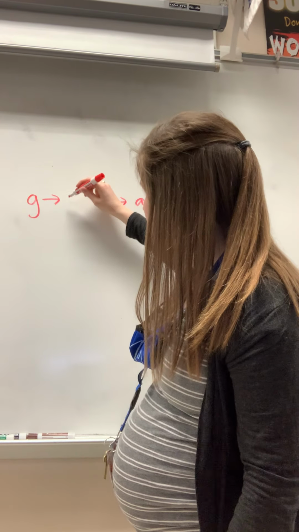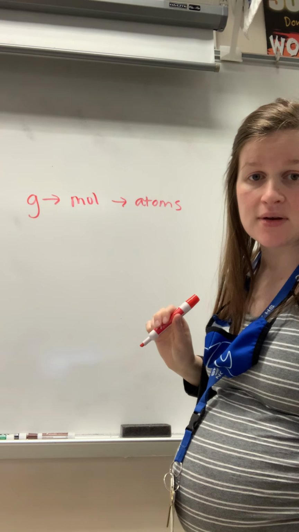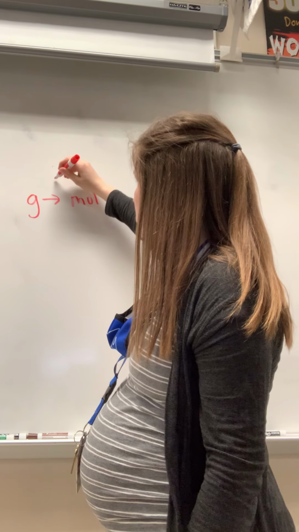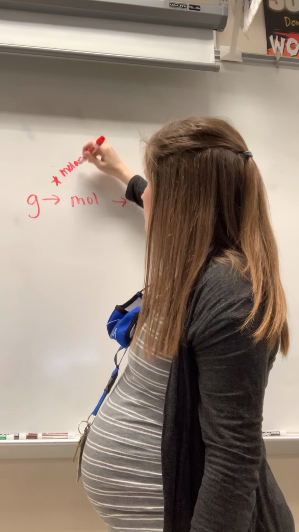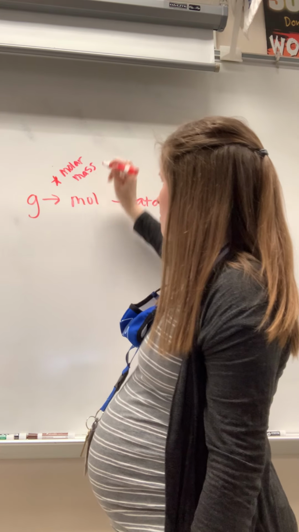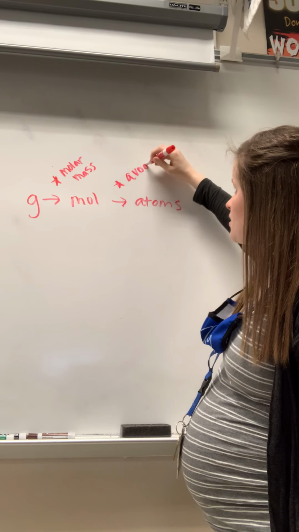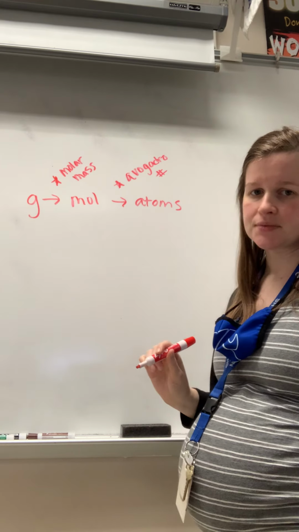Now from moles, thankfully, I can get to atoms, okay? But to get from grams to moles, so this part right here, I need molar mass. And then to get from moles to atoms, I need Avogadro's number next. And so I'd use them in that order, okay?